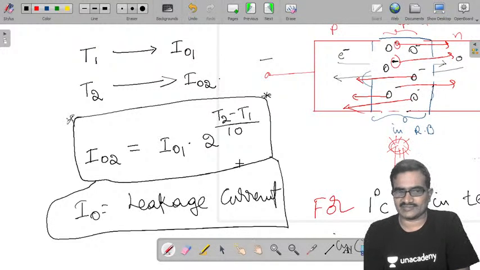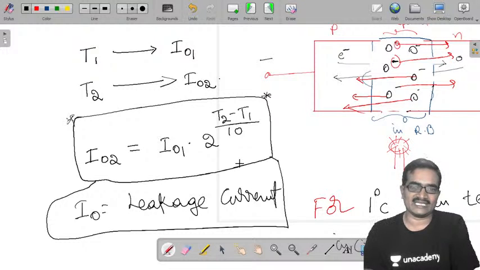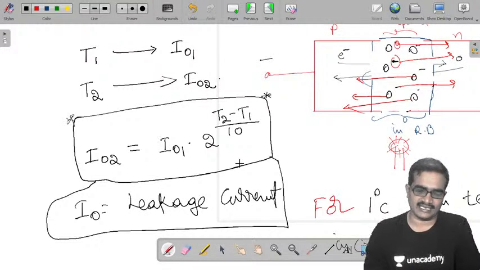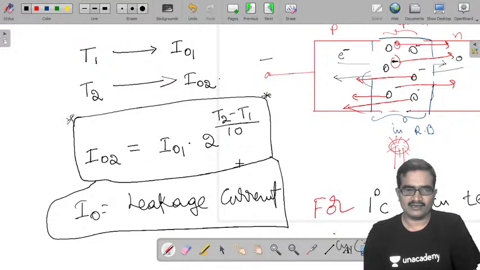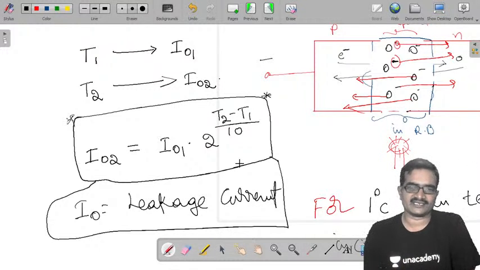As early as possible that leakage should be blocked. But nothing is ideal in the universe. Because of that, we are getting some leakage current in the diode. Because of this leakage current only, in a transistor we have a thermal effect. So in a BJT, we are using a heat sink. In silicon, we are using a heat sink. This is also one of the reasons. In our transistor, there is a temperature effect.